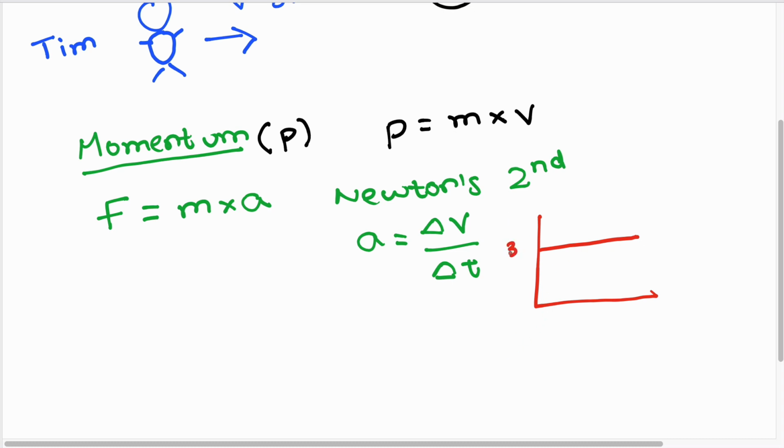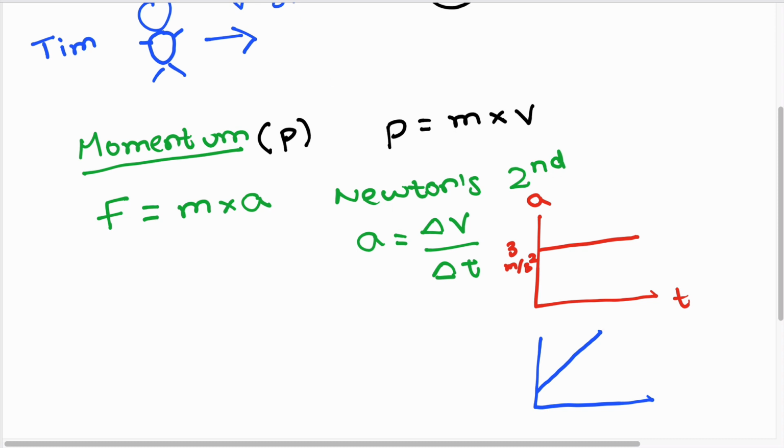Maybe that's 3 meters per second squared. Then this is acceleration and that's time. Then your velocity graph would look something like this, where your velocity is changing by 3 meters per second every second. So 3 meters per second per second.